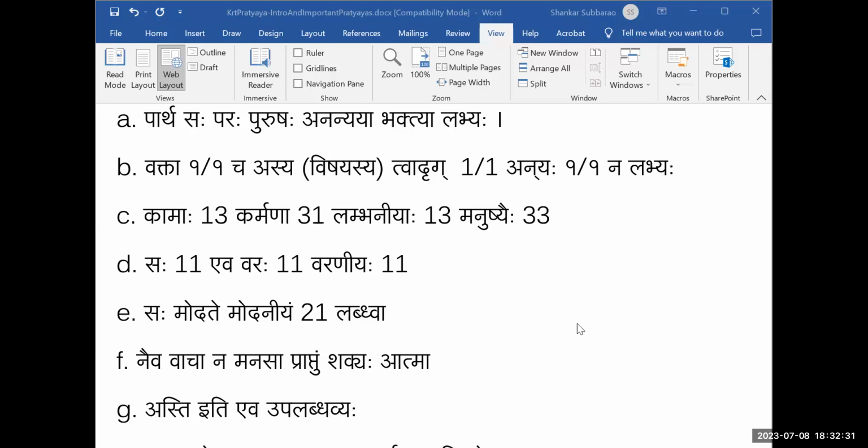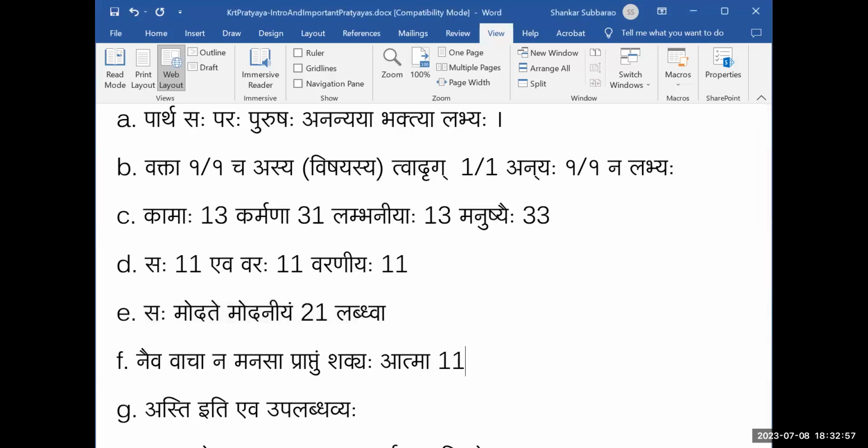Possible. Do we have a na? Na shakyah. Praptum na shakyah. Correct. So what does it mean? Not possible to gain. Not possible to attain. What is not possible to gain? Atma na praptum shakyah.